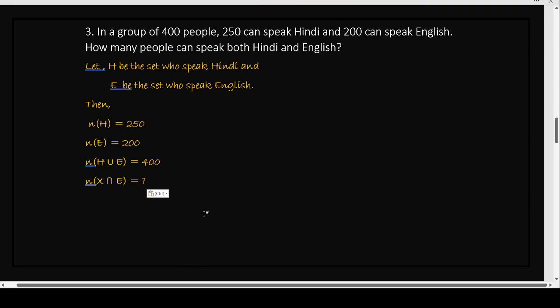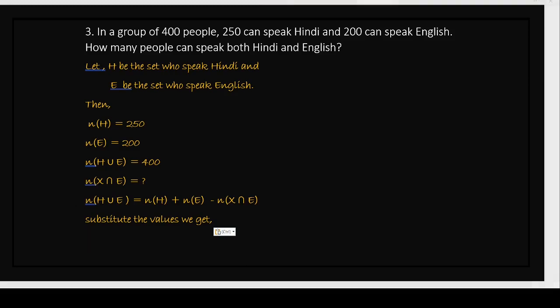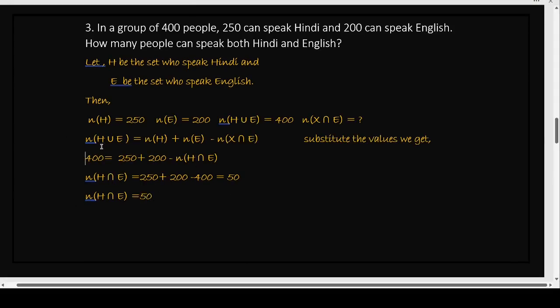That is intersection. We use the same formula, substitute the values: this is 400 and this is 250, n(E) is 200, and we have to find out n(H intersection E). It is given by this simple calculation.